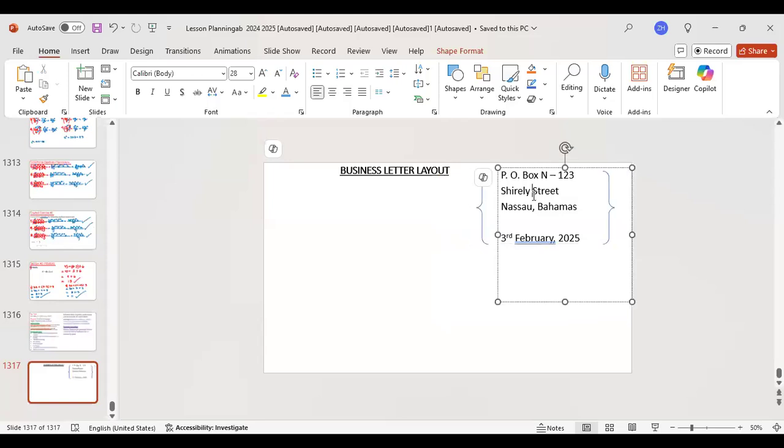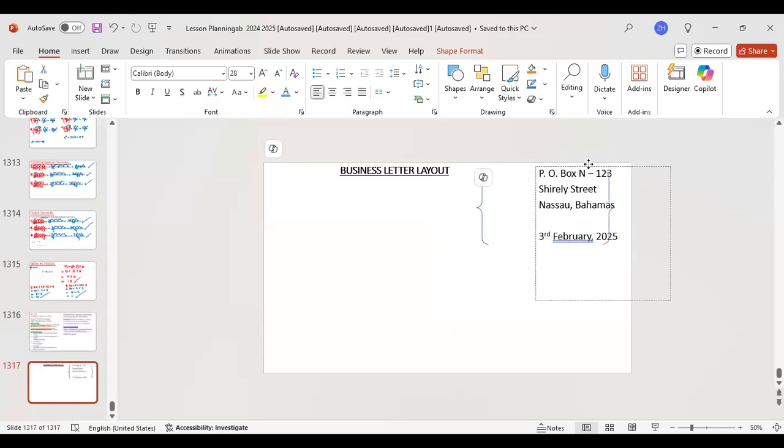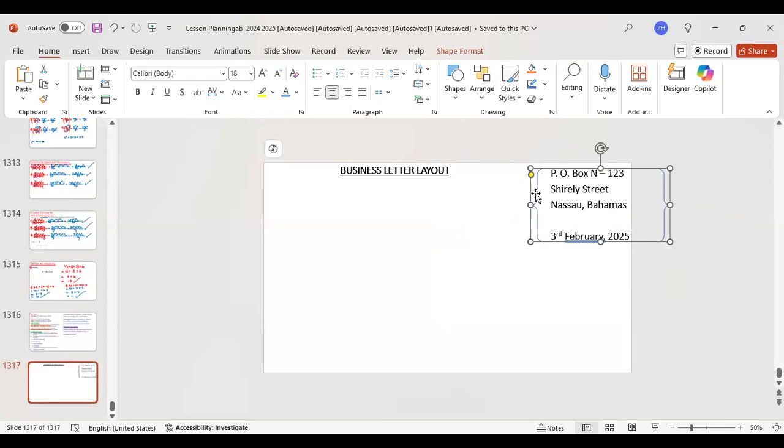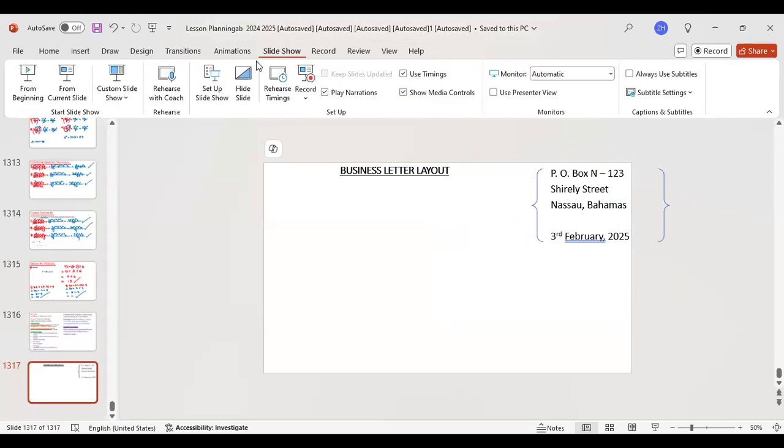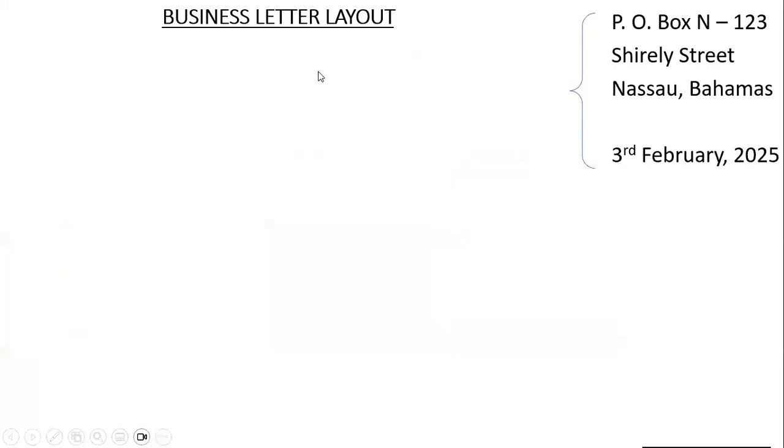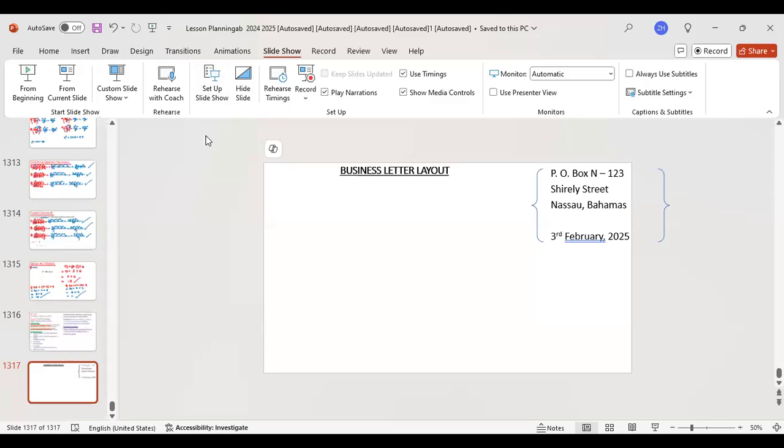Okay, so I want to put this on the side, like greater than, like right here. So this right here is what we call the sender's address and date. Let me use a thing.